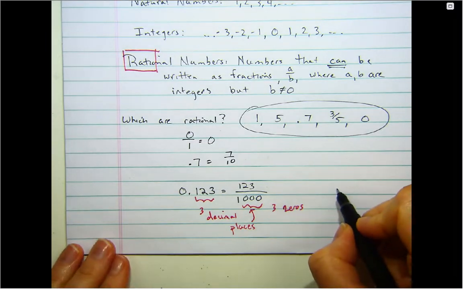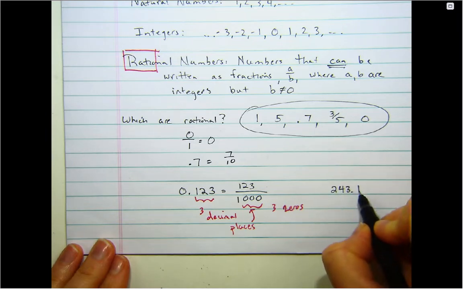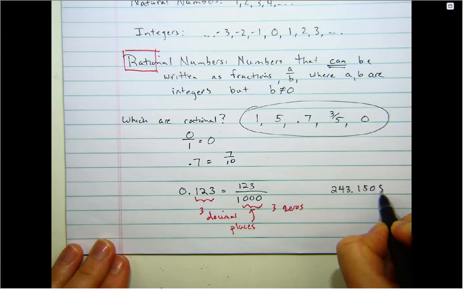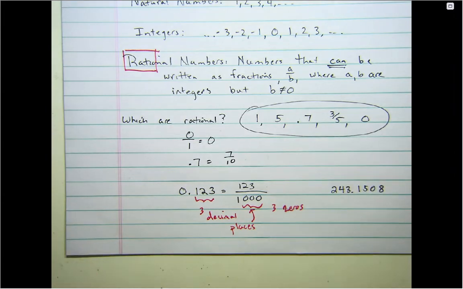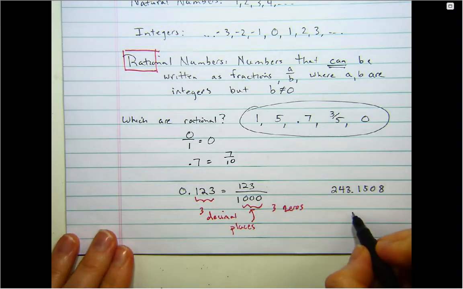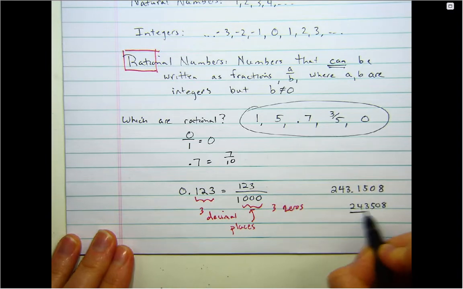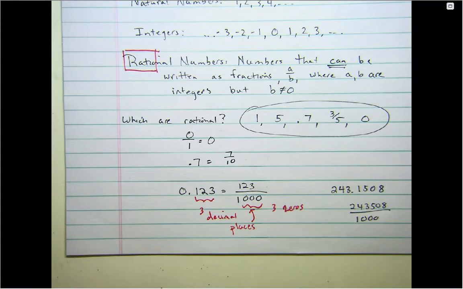I think there's some with a number in front of the decimal too. So 243.1508, you would still only put 4 zeros in the denominator. You'd put 243.1508 over a 1 with 4 zeros, because there's 4 decimal places to the right of the decimal point.